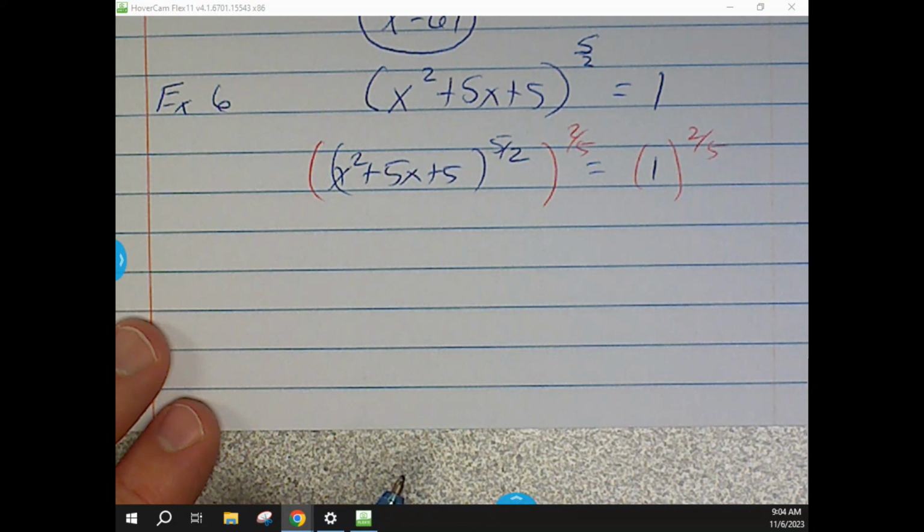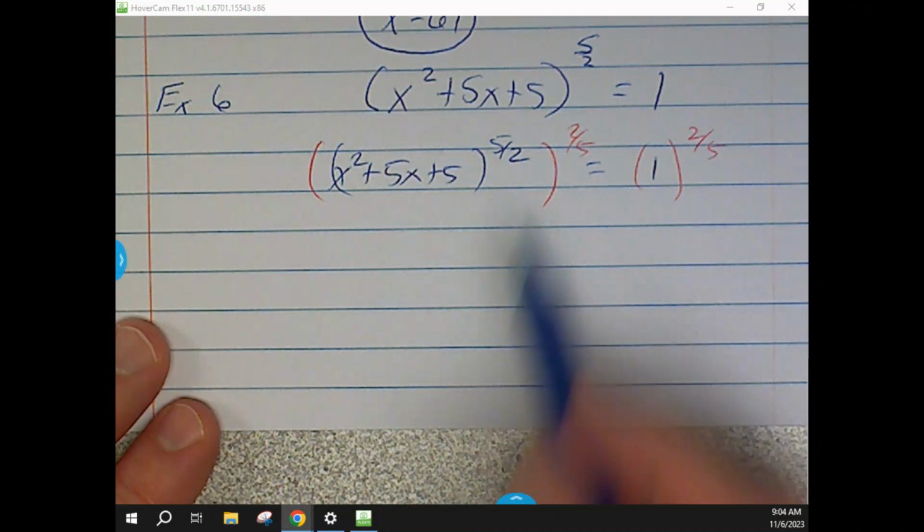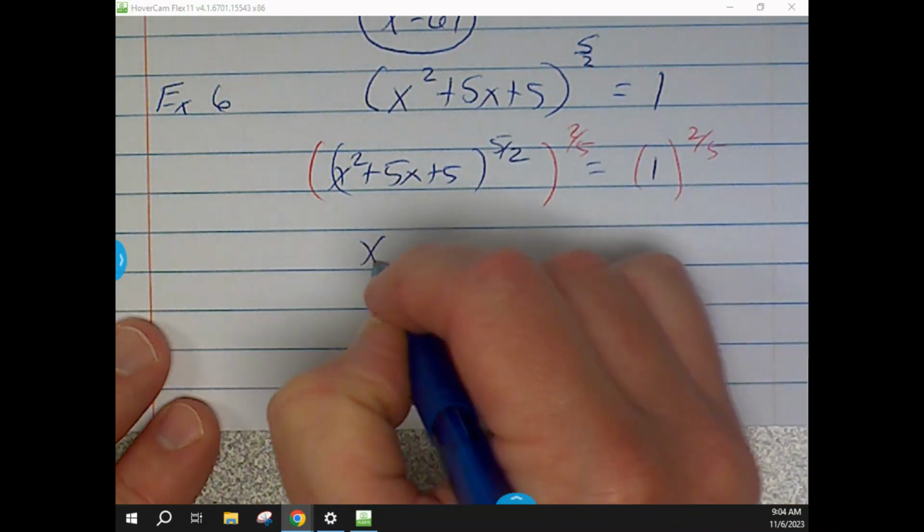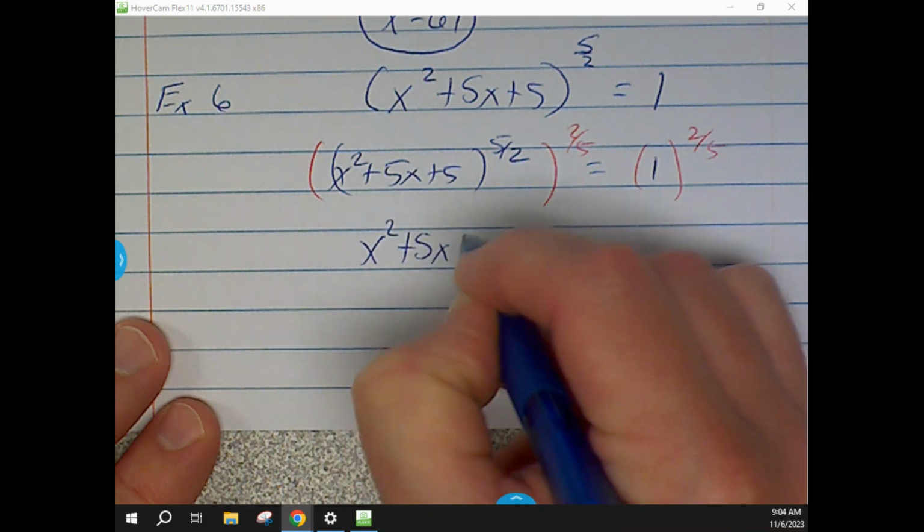Again, everything cancels. We're left with x squared plus 5x plus 5.